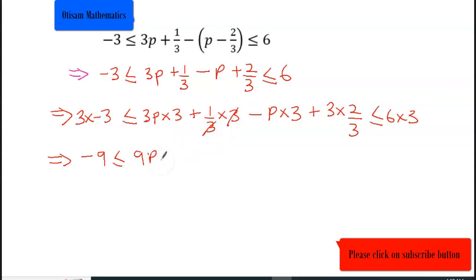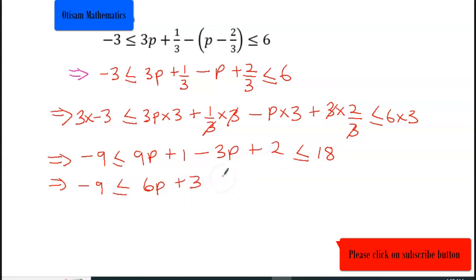This will cancel that. So we have plus 1 minus 3p plus 3 cancel 3. So we have 2 less than or equal to 18. So we have minus 9 less than or equal to 6p, 9p minus 3p, which is 6p. 1 plus 2 plus 3 less than or equal to 18.